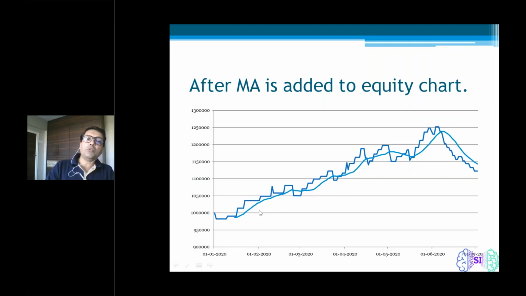Once we have a moving average set on it, we can see that there will be minor setbacks, which will decrease the performance by a few percentage points. That will affect the overall percentage of the return, but it will be very minor compared to the drawdown.